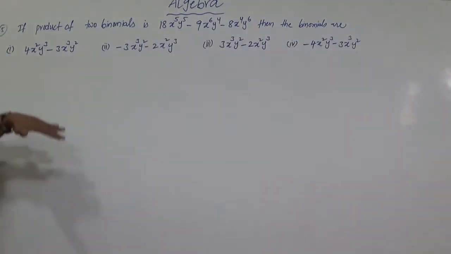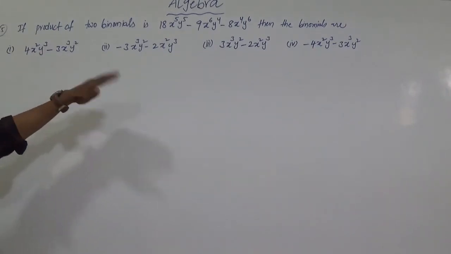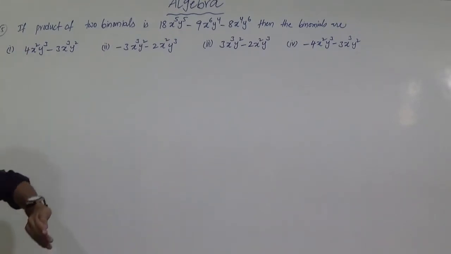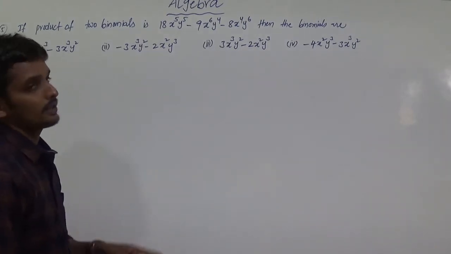So we can multiply any two options, either 1 and 2 or 1 and 3 or 1 and 4. We have to take any two and get that answer.